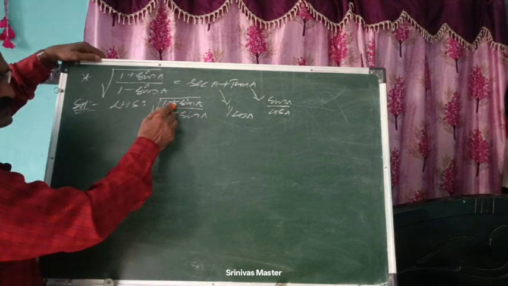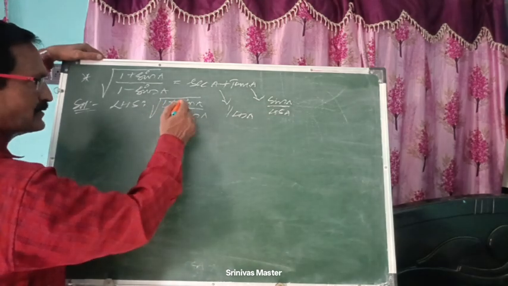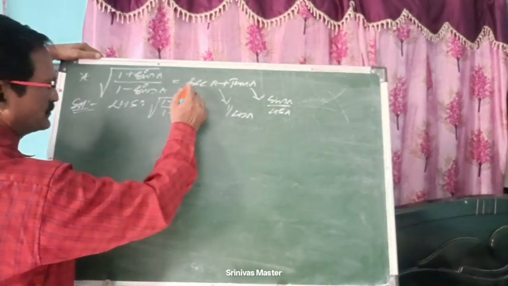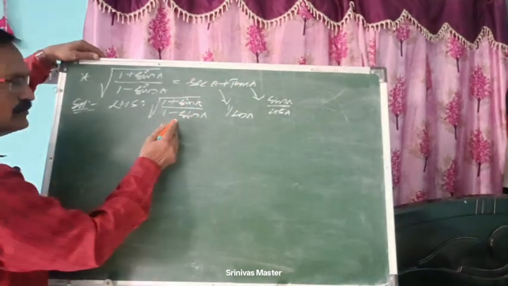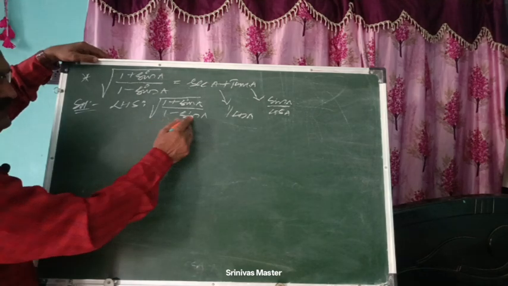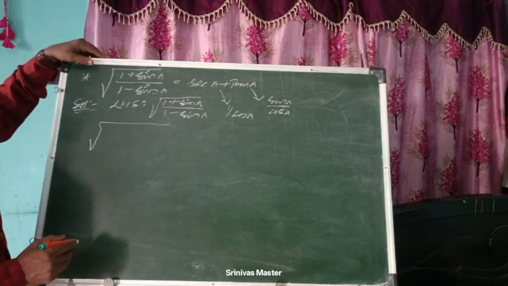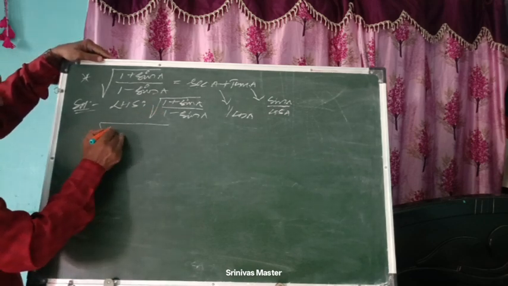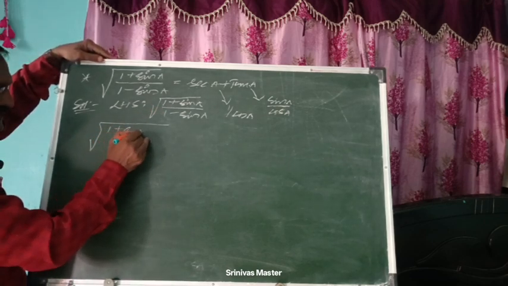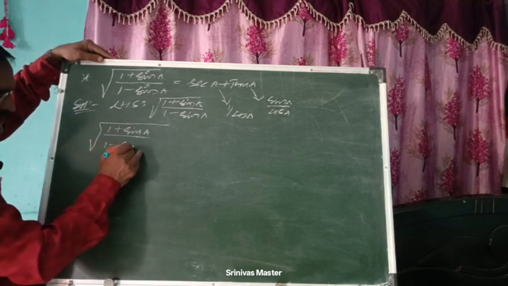You need the positive 1 plus sin A. This is the positive value, so to get the RHS, you have to do only the denominator rationalizing. What is the denominator? 1 minus sin A. So when you are rationalizing this, first you write as usual 1 plus sin A by 1 minus sin A.